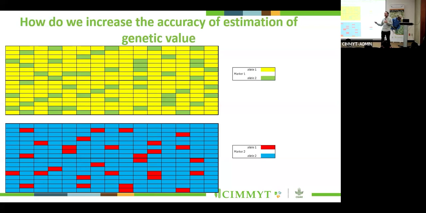Individuals with allele 2 have 5.3 tons per hectare. So we might say, well, okay, allele 2 gives you a plus 0.2 tons per hectare benefit.